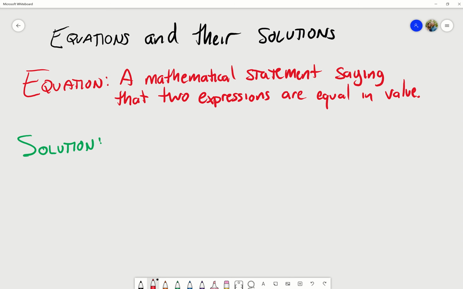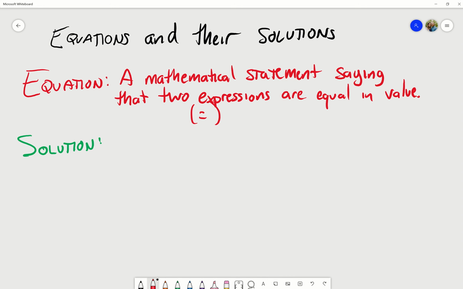Okay, so an equation is something that will contain an equal sign. If it has an equal sign, it's an equation. Everything we've been dealing with so far has been expressions, but now we're dealing with equations that have an equal sign.